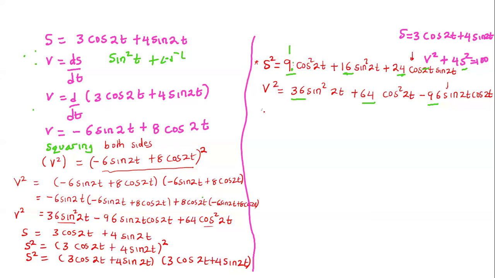So members, hope you agree that we are going to multiply this by 4 throughout. So we shall have 4S squared is equal to 36 cos squared 2t plus, when I multiply 16 times 4, we shall have 64 sine squared 2t plus 24 times 4, which is 96 cos 2t sine 2t.